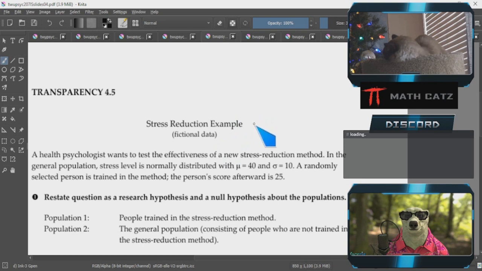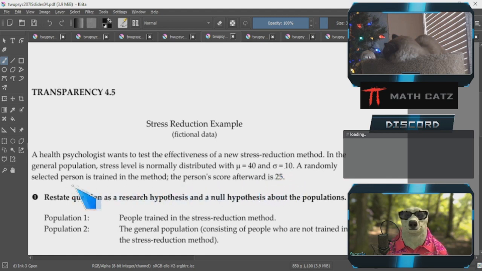Stress reduction example. A health psychologist wants to test the effectiveness of a new stress reduction method. In the general population, stress level is normally distributed with a mean of 40 and a standard deviation of 10.